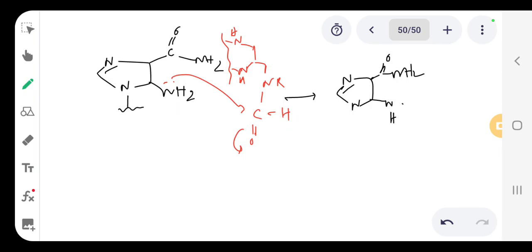NH, and here will be a big structure like this, and this, in R, all those things. I am writing this up. So here there will be H, there will be OH, and what will happen?